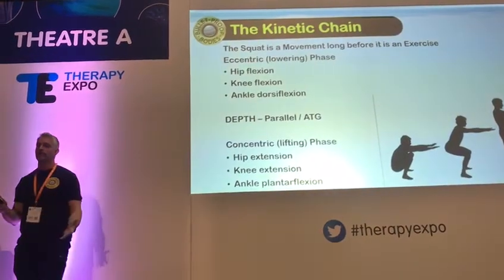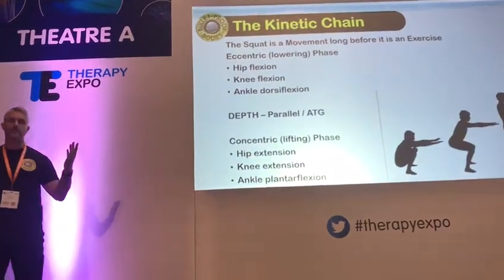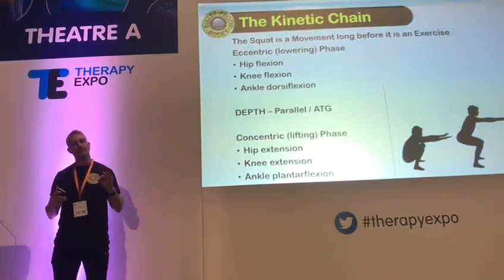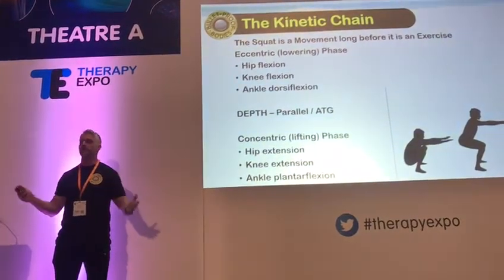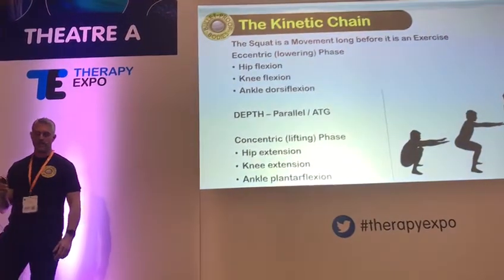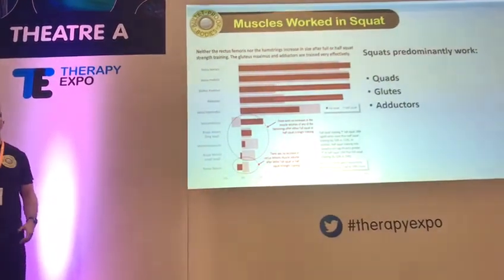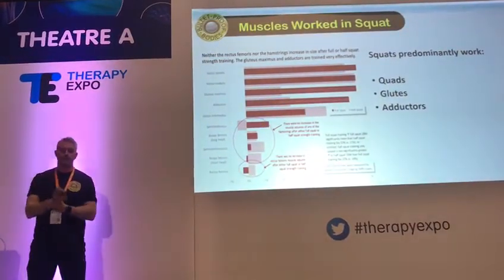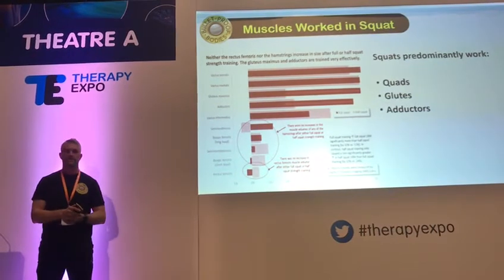And then we've got the concentric phase where we're coming up, which is double extension, because really you haven't got true plantar flexion. Triple extension would obviously be jumping. So that's the kinetic chain in all its glories. So what muscles do the squats work? Well, predominantly they're going to work the quadriceps, the glutes, and the adductors.